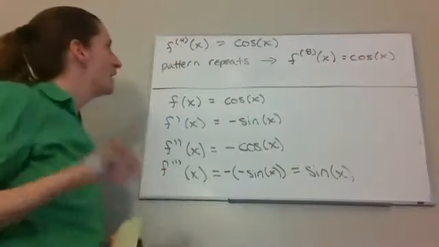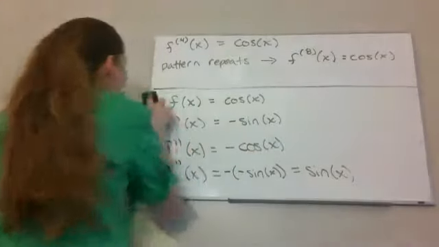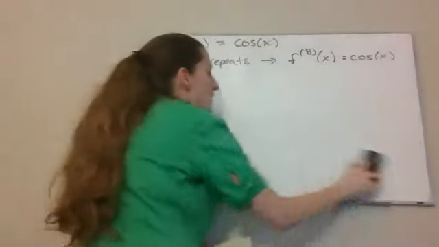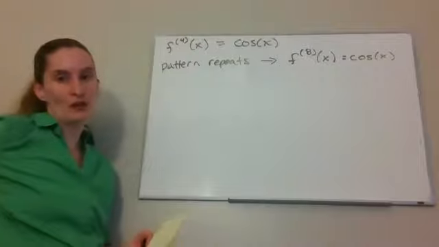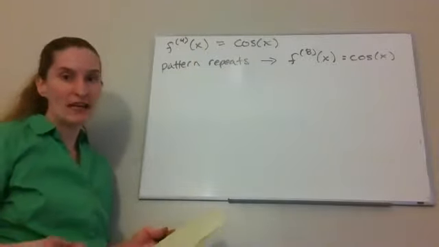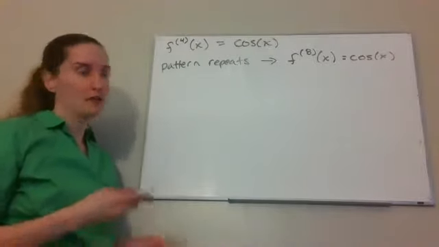So I know every 4 derivatives, I'm back where I started. So my fourth derivative is cosine, my eighth derivative is cosine, and my 12th, my 16th, my 20th, and my 24th derivative are all cosine.